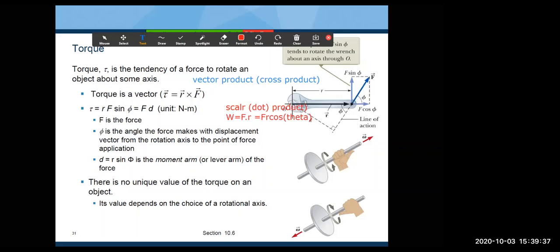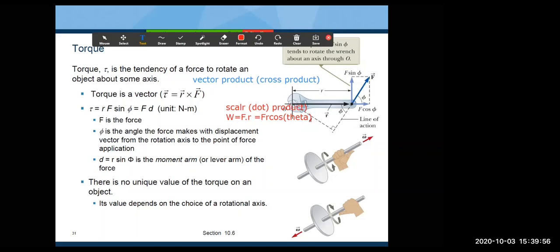On the other hand, the torque is a vector quantity, because if you apply the force in different directions, the torque generated would be in different directions. So torque is a vector quantity.